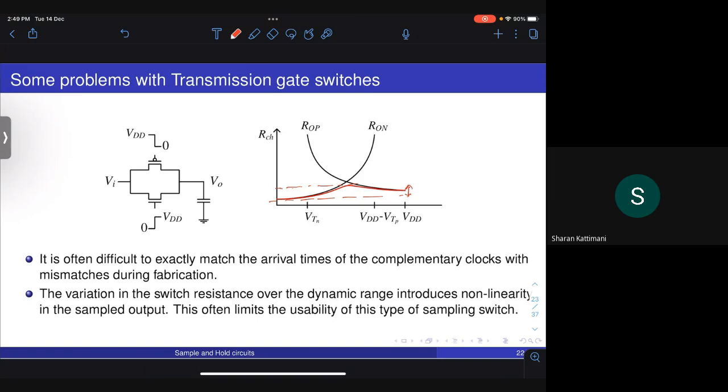This variation in switch resistance with input voltage in turn produces a nonlinearity, which means that the charging time of the switch when the switch is on will be different for low voltages and for high voltages as you go from 0 to VDD. All these factors put together limit the usability of transmission gate switches when you are looking at very sensitive applications.